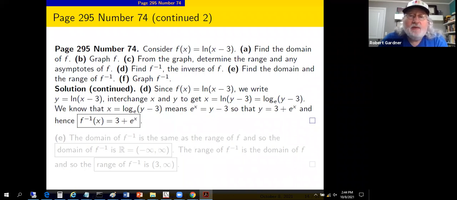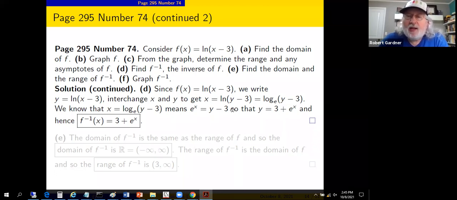Part D, they want the inverse. Well, f of x, natural log of x minus 3, we could replace f of x with y, I think was our first step in finding inverse functions, and we get y equals the natural log of x minus 3. I tell you what, let's rewrite that natural log as log base e. So then, interchanging x and y, x equals log base e of y minus 3.